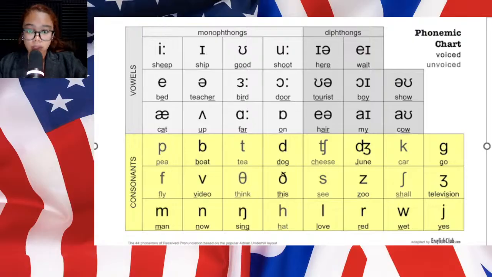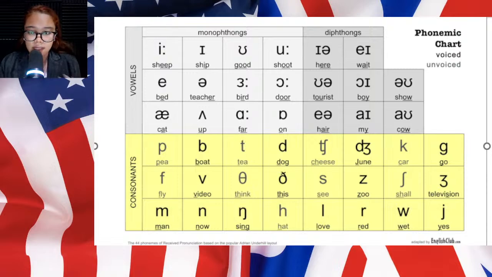It can either be voiced or unvoiced. Vowels are not divided into voiced or unvoiced because all vowels are voiced. All vowels produce vibrations when you try to say them. In consonants, it's not the same case, because there are consonants that can be voiced and consonants that can be unvoiced. What do we mean by voiced and unvoiced?